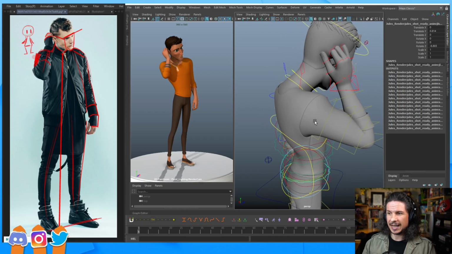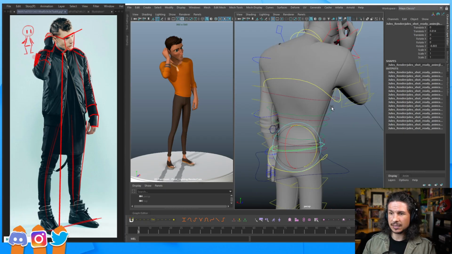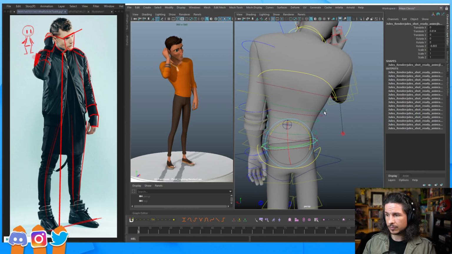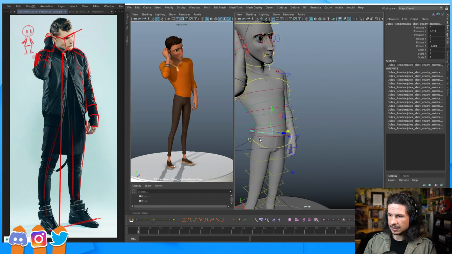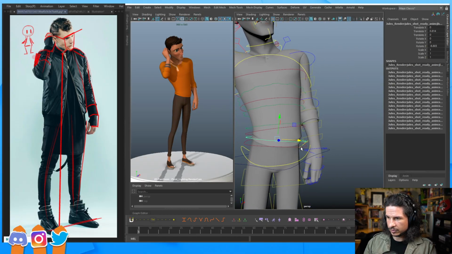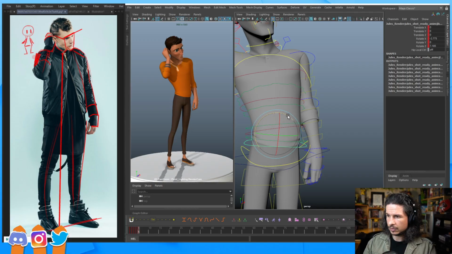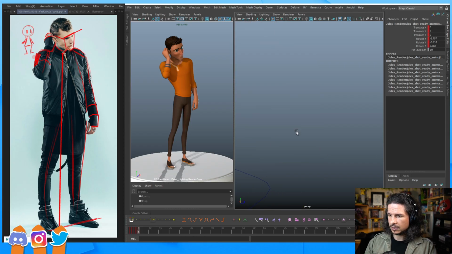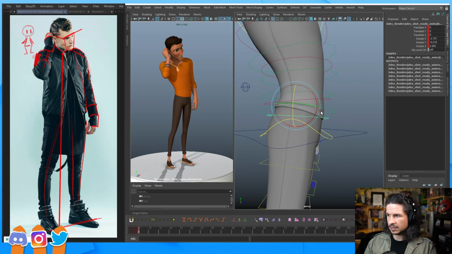You're not going to see them in gaming rigs, but in most acting rigs, they should be in there somewhere. So let's see, how else can I push this? I could use this to push the curve of the body on this side, just get that nice curve in there. Let's see, I kind of want to push the hips a little bit more forward here. Just a little bit.